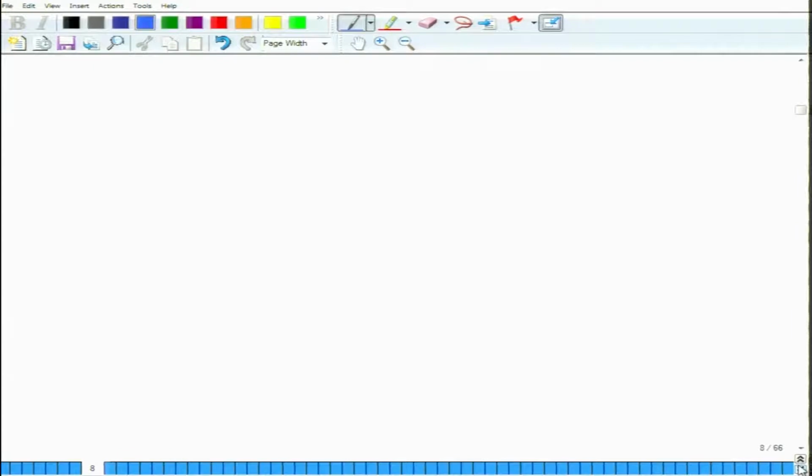Now, once we define a periodic lattice in this fashion, let me draw a periodic lattice. So, this is a periodic lattice. Okay. In this periodic lattice, I can draw a smallest repeating unit. This is the smallest repeating unit.